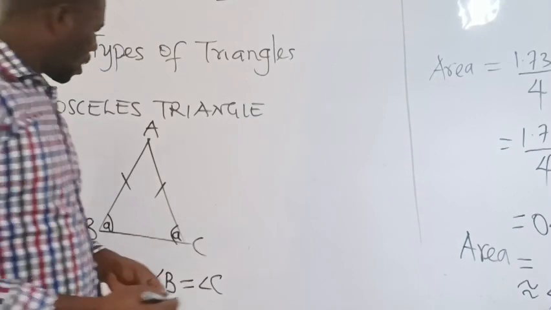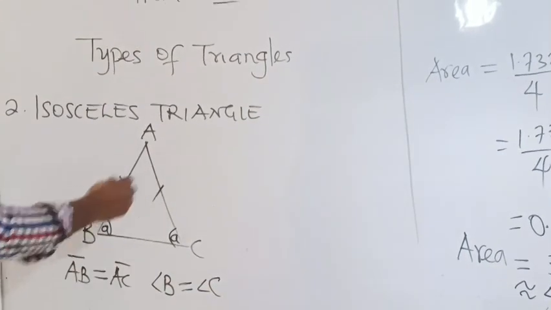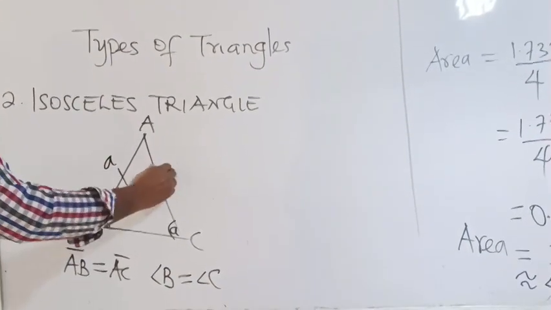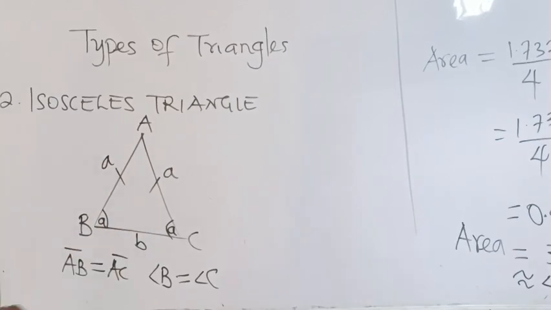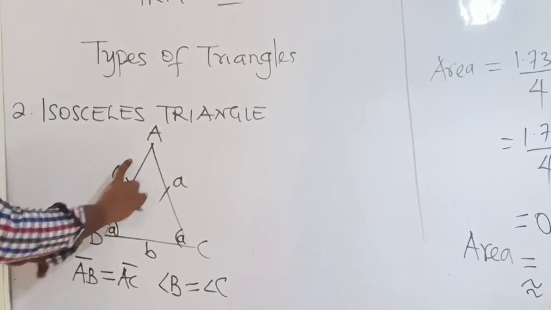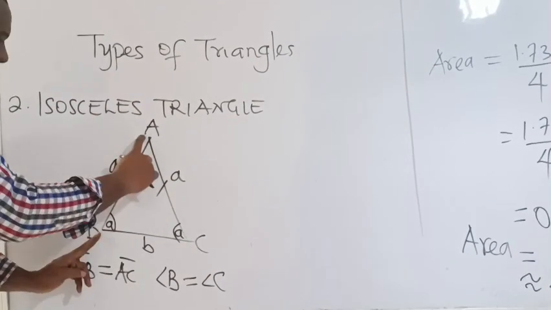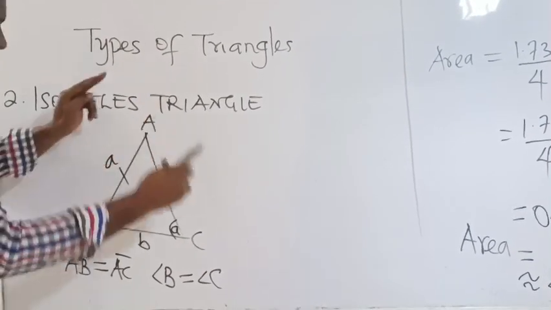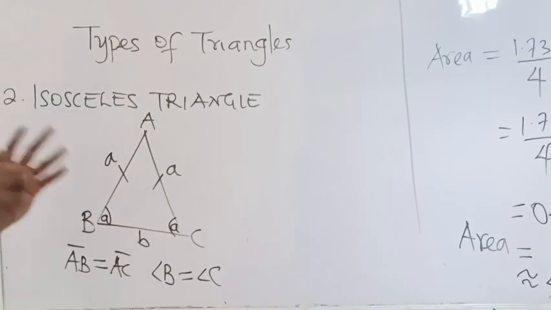Now, you are free to call this side A, and I'll put a B here. So the perimeter is the space, just go around it. You sum up the value of the sides AB, AC, and BC. That gives you the perimeter.